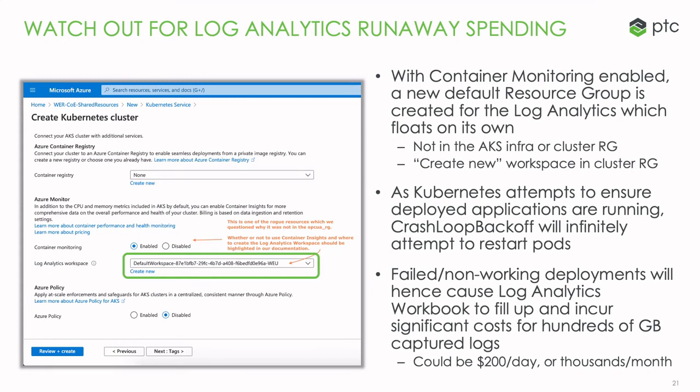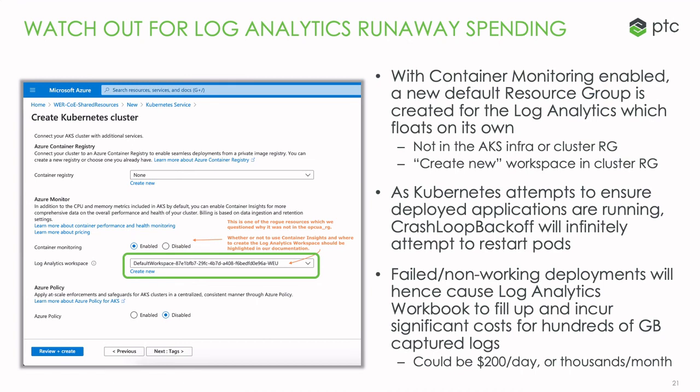But as you can see here, it's creating a new default resource group with a crazy UUID name in there, and that's something that you might not be aware of depending on how large the subscription that you're using. That might get lost, and if it gets lost and you're having issues deploying your applications and there's errors that are building up, the crash loop backoff is essentially going to continue to restart those pods.